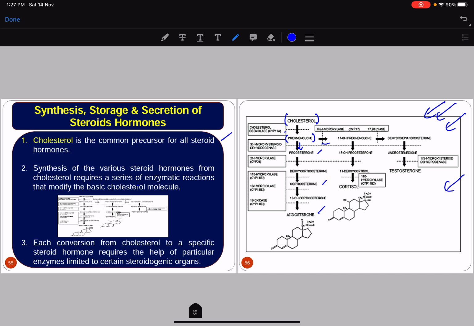This pathway here eventually produces sex steroid hormone in males, androgens, like testosterone. So the precursor cholesterol can undergo enzymatic reactions to produce these hormones here.